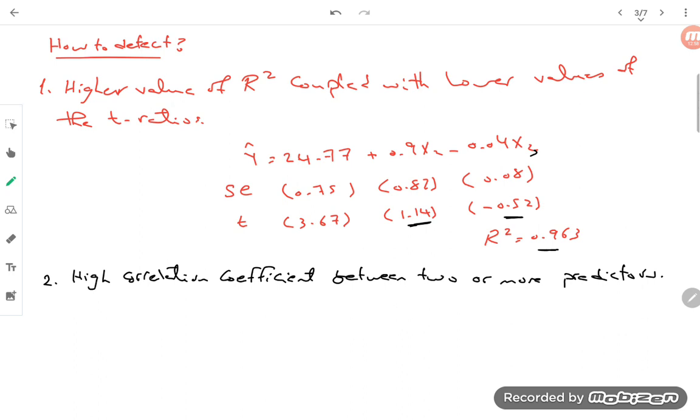So this means if you are going to find r, not r squared, r between x2 and x3 is going to be a high correlation.